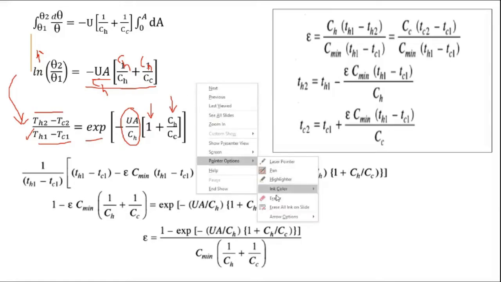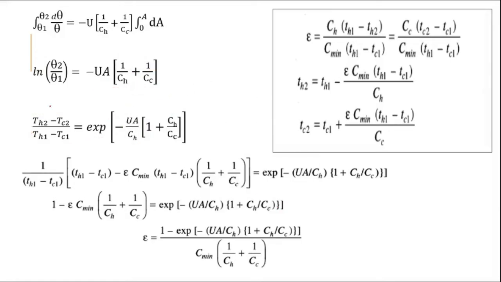No, sir. Fine. Now, the logic behind this substitution is that whenever we are designing a heat exchanger, we will be knowing the inlet temperatures of the fluids. We will be knowing the TH1 value and the TC1 value. This is the heat exchanger, and both the fluids are entering the heat exchanger.